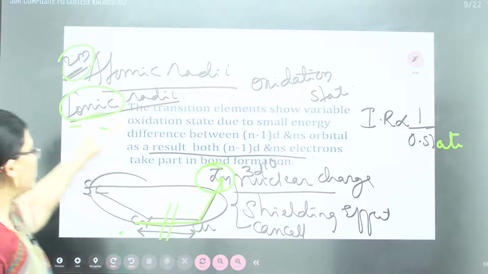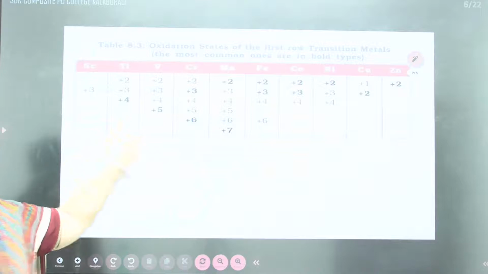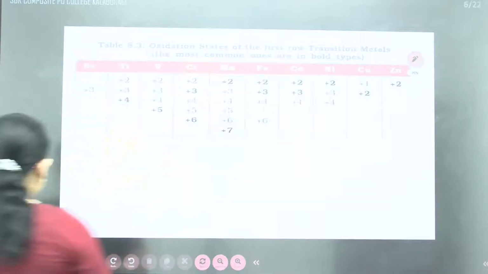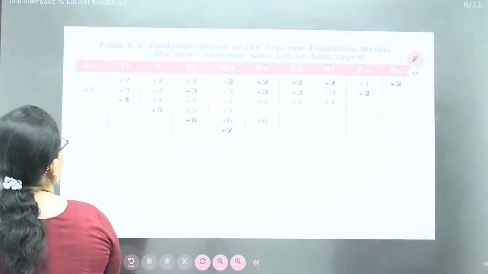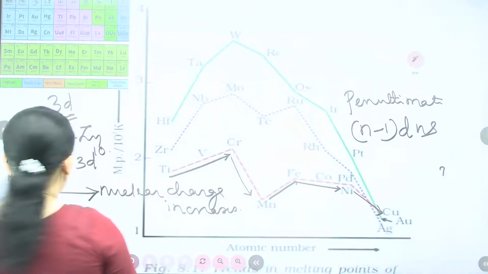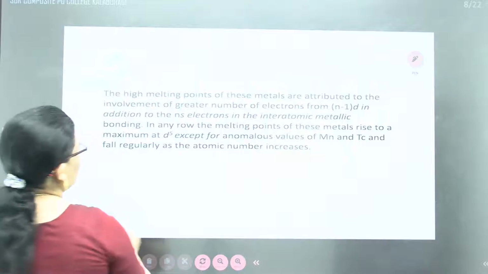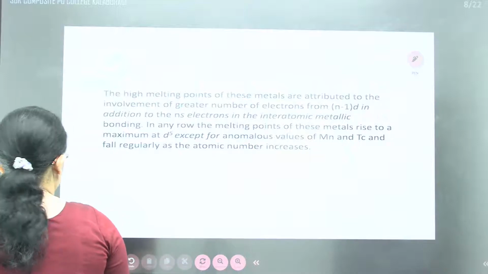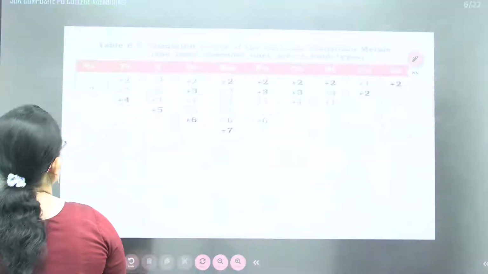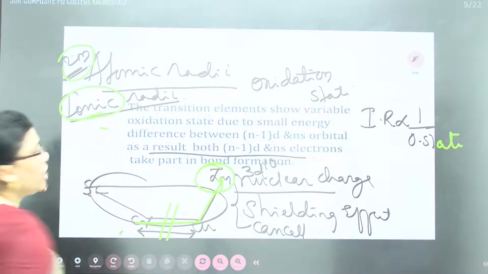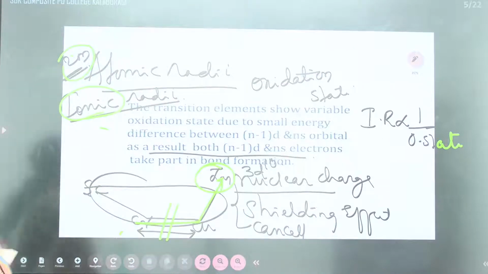Therefore, you can write one sentence here that in the case of the ionic radii, we write with respect to the oxidation state.